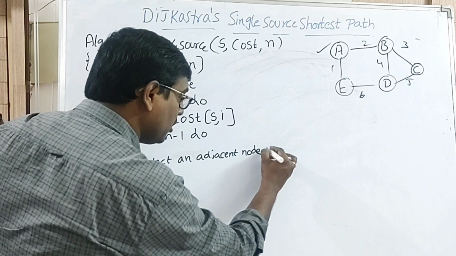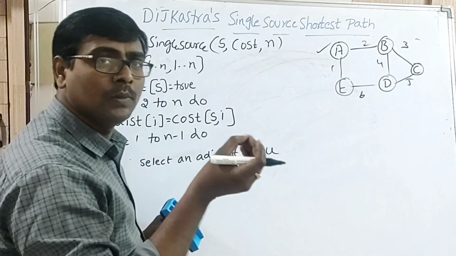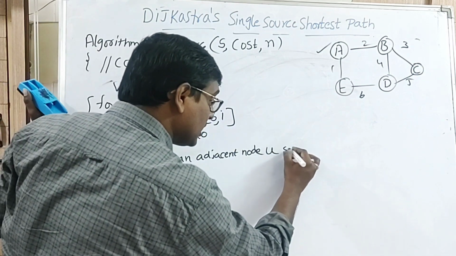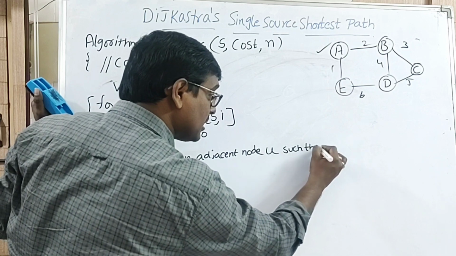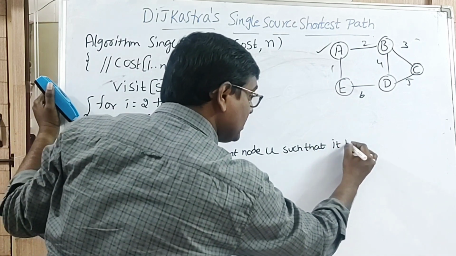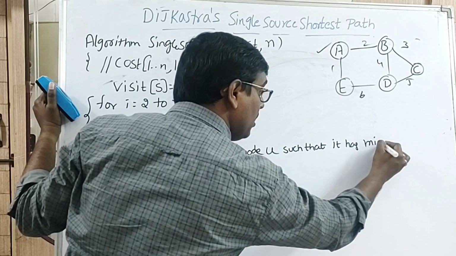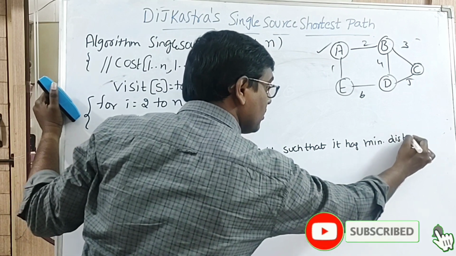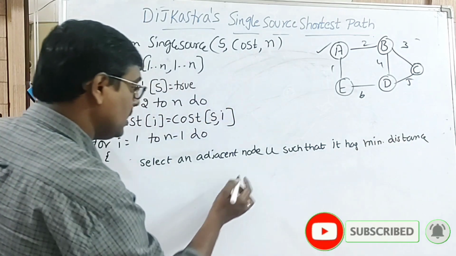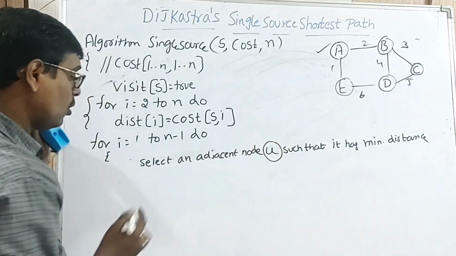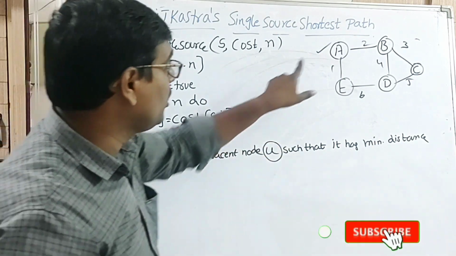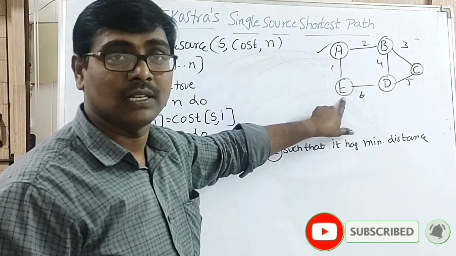Select an adjacent node U, assume the name is U, such that it has the minimum distance. Yes or no? That means here, what is node U? E is my answer.